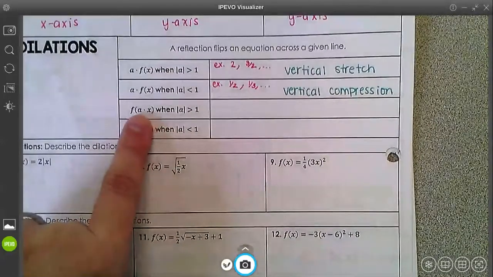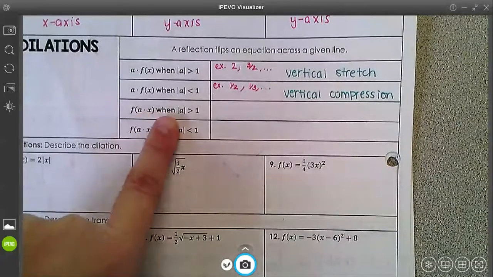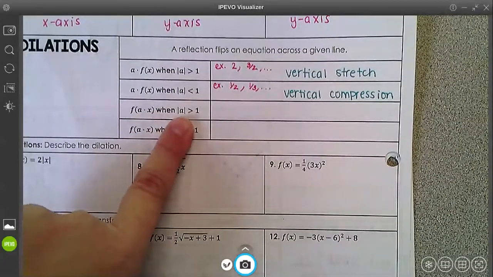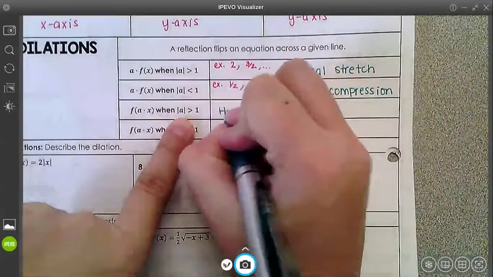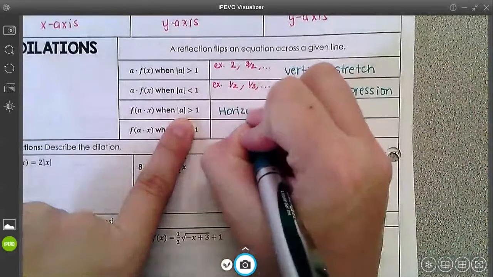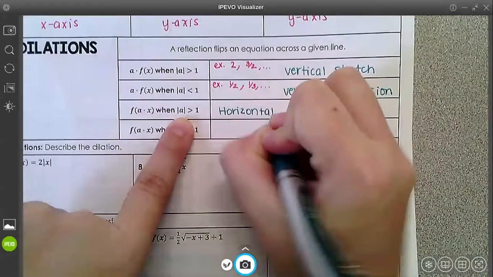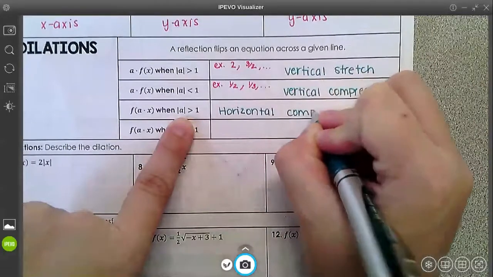Next one, if it's on the inside but is greater than 1, that's going to be a horizontal compression.